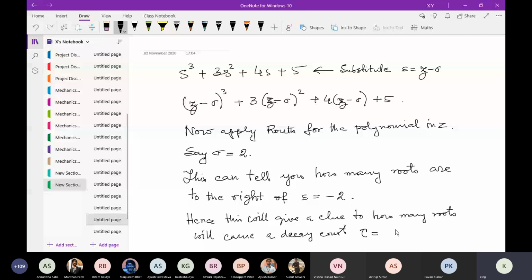So you will have a decay constant tau equal to 1 by 2, because basically if you have a root, say 5 plus 4j, how will it appear in the time domain? e to the power 5t plus 4jt, right? So that 5t part is the damping part.